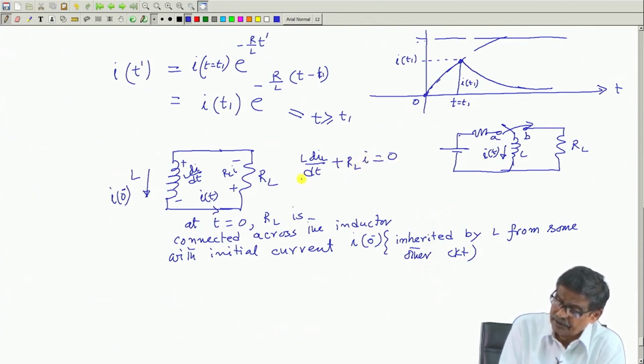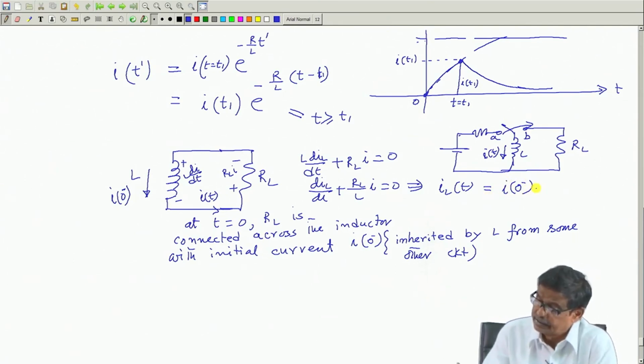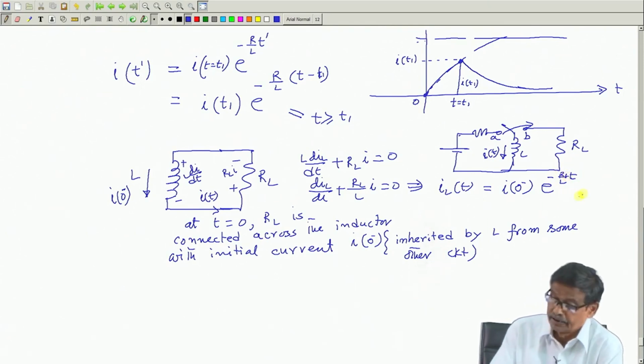If you solve it, divide by L: d I L dt plus R L by L into I L is equal to 0, which we have done. Now, I will write t because at t equal to 0 everything starts in this circuit. So, I L t will be equal to this initial current, which is a fixed number inherited by the inductor, into e to the power minus R L by L into t, not R by L, it is R L by L.